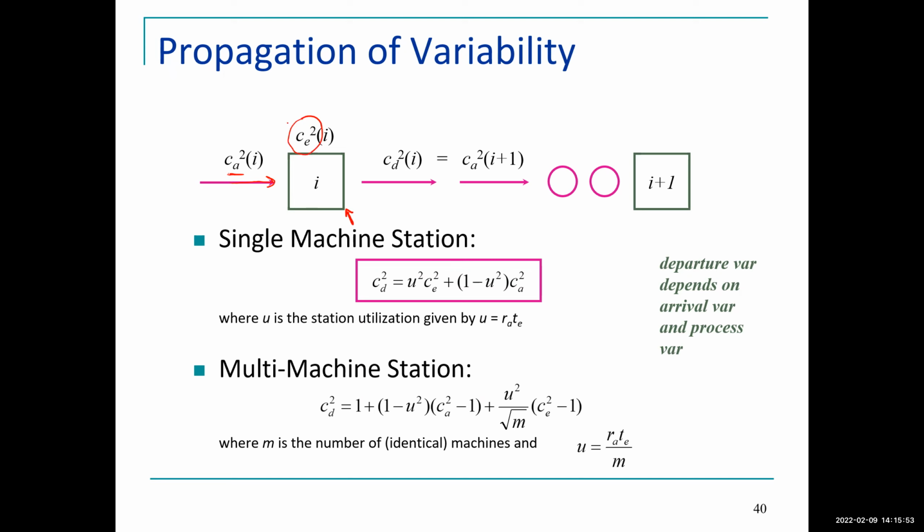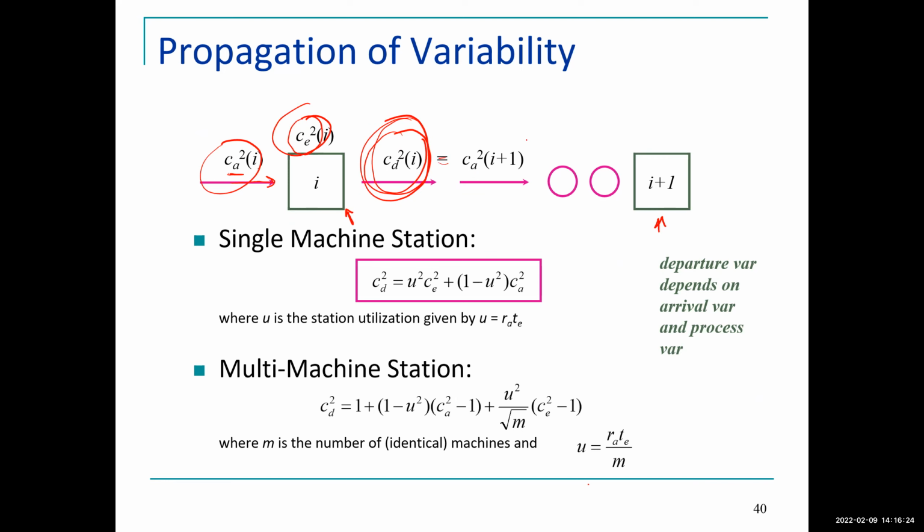And the combination of the two will provide a different coefficient of variation, which we're going to call the squared coefficient of variation of the departure. And that's what's going to become this new cA squared of the next station.